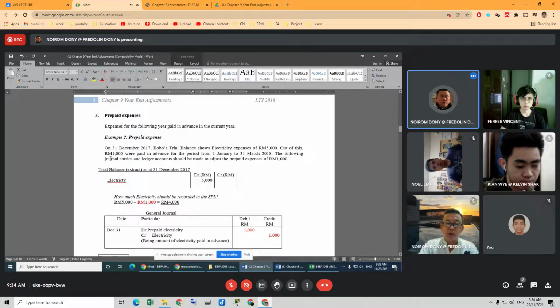So the following journal entry in ledger account should be made to adjust the prepaid expenses of 1,000. This payment of electricity has already been recorded, which is why it appears in the trial balance like this: electricity 5,000 on the debit side, because it's a debit item.